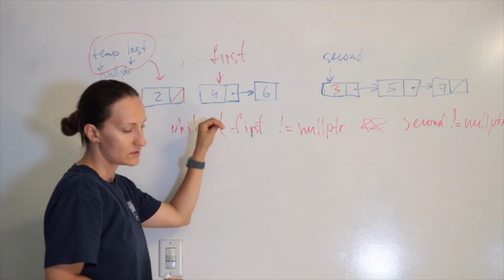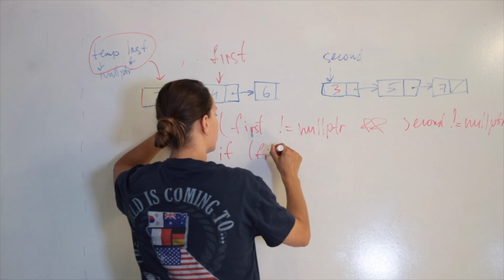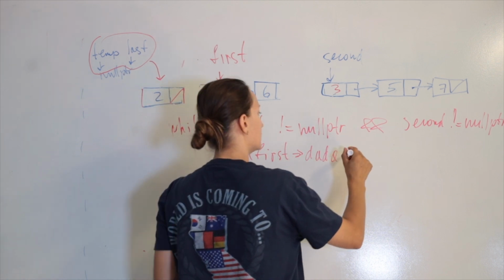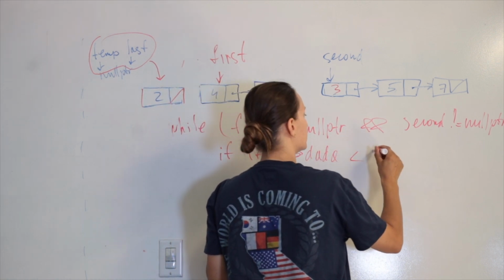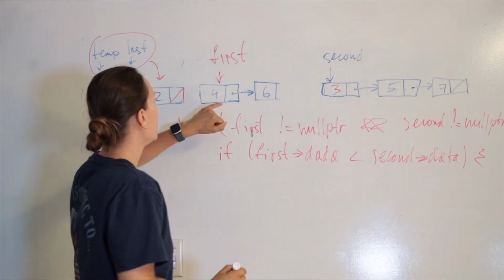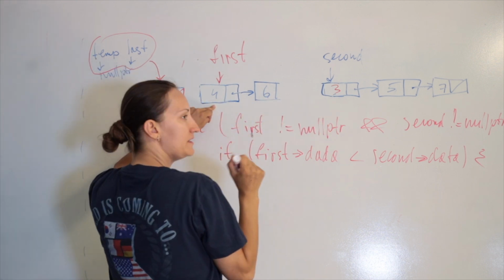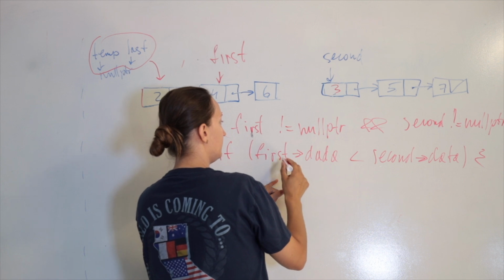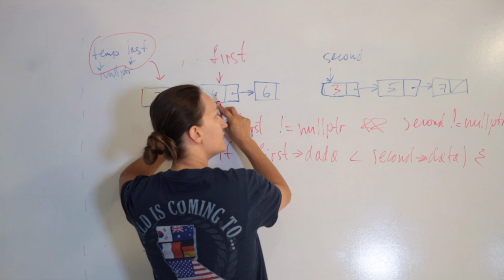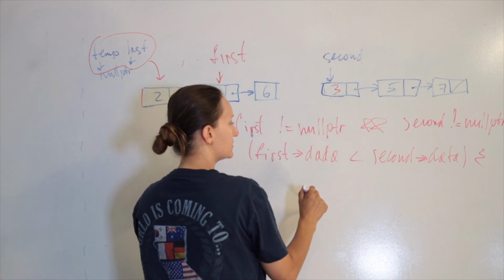We continue to compare if first data, the same thing, we are looking for the smallest data, is less than second data. Now we are comparing this data 4 with 3, and we will need 4 steps here. If this is true, which is not in this example because 4 is not less than 3, so this will be false.